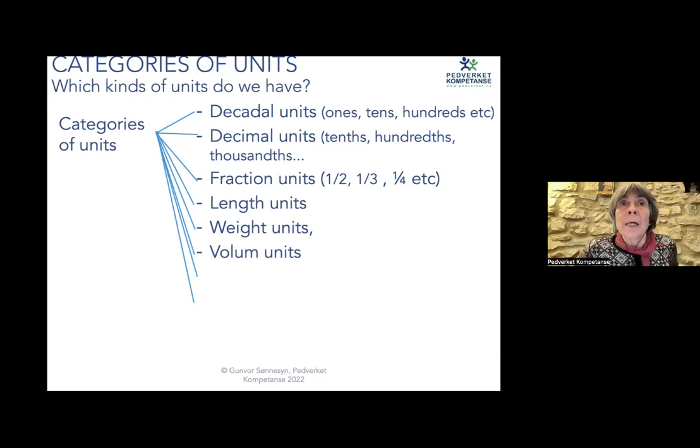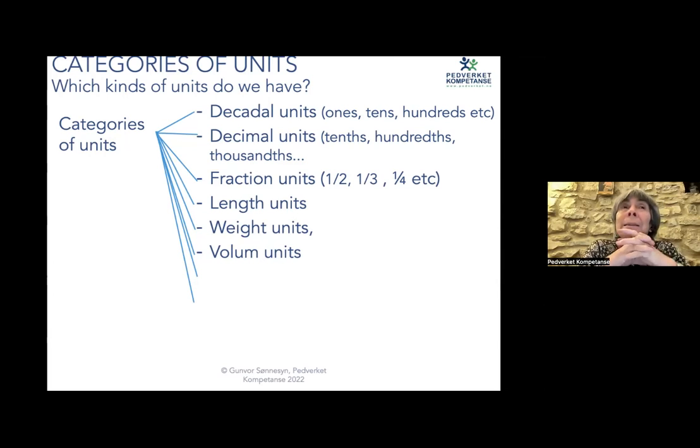And they all, because of the type of units that we have in most of Europe, at least, England, or Great Britain, has been an exception in having pounds and all these odd measures, while most of us have the decadic system also in our measure systems for length and weight and volume. And that is, of course, much easier for us and for the kids who are going to learn it.